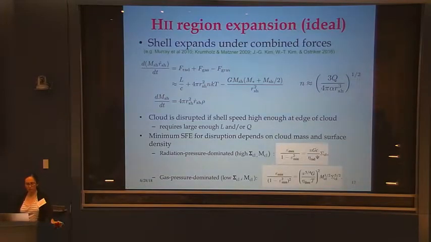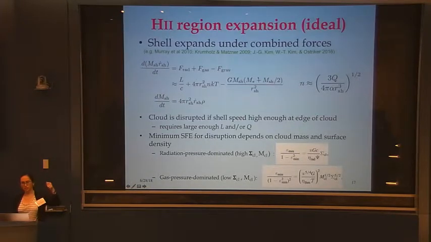Okay, so what's the criterion for disruption? Well, you've disrupted a cloud if you've accelerated the material enough that it's moving faster than the escape speed. There are different criteria you could use for disruption. One would be that these forces would exceed this force.